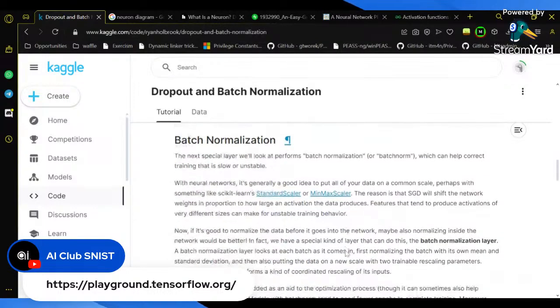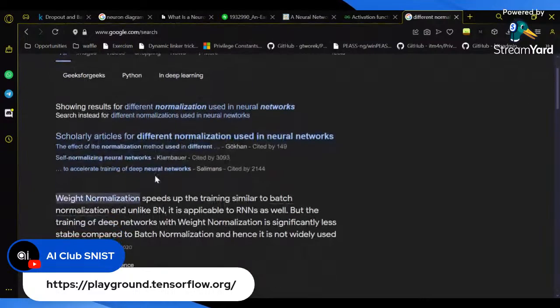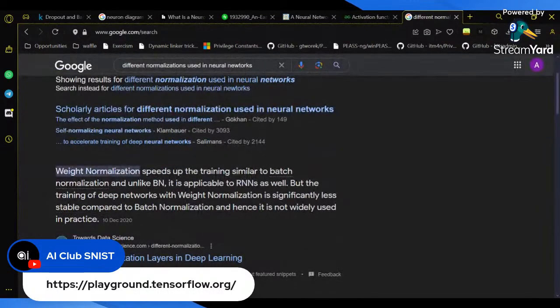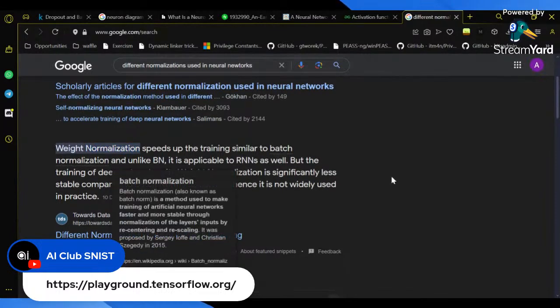I'll check different normalizations. Okay, there is weight normalization and batch normalization.